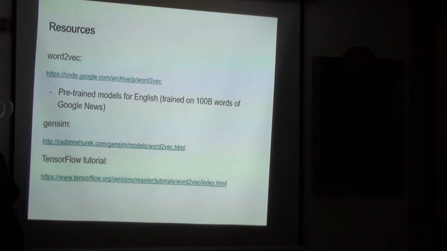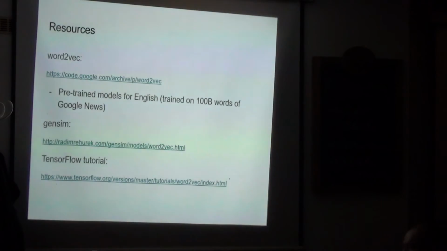And at last, I have some resources. At WordNet homepage, you can download pre-trained models of word embeddings for English language, which were trained on 100 billion words of Google News archive.